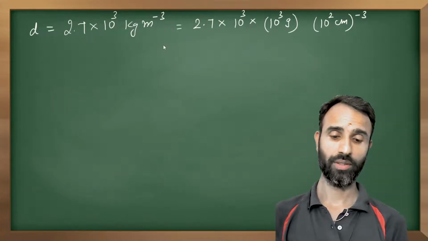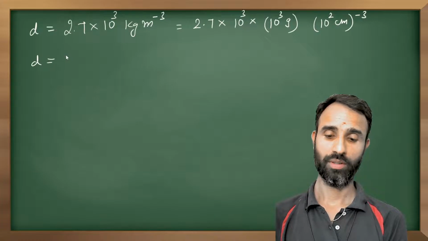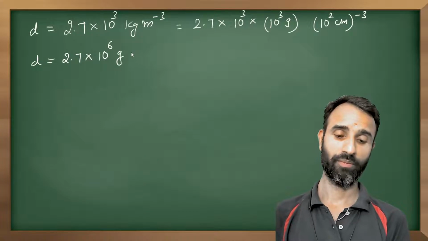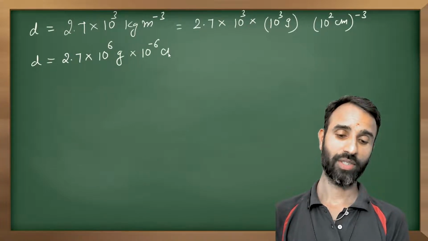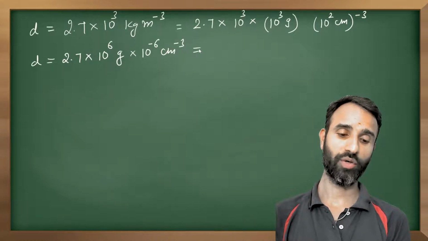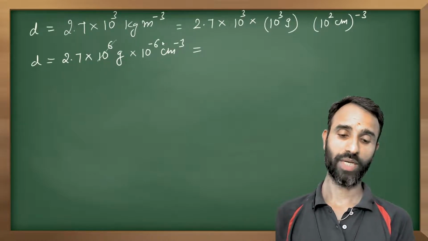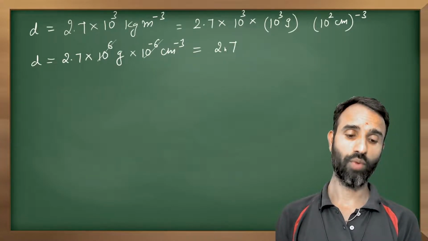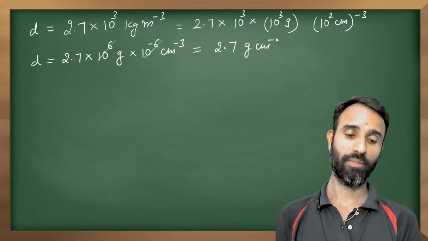So it is 2.7 into 10 raised to 6 gram into 10 raised to power minus 6 per centimeter cube. That means 10 to the 6 and 10 to the minus 6 cancel, so it comes out to be 2.7 gram per centimeter cube.